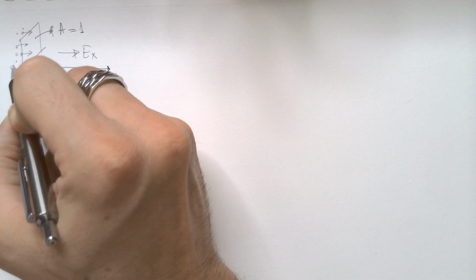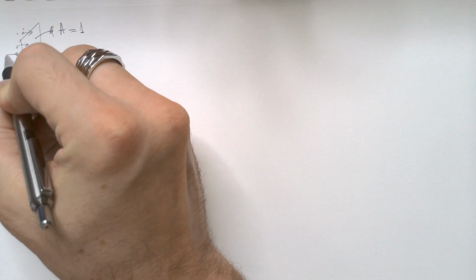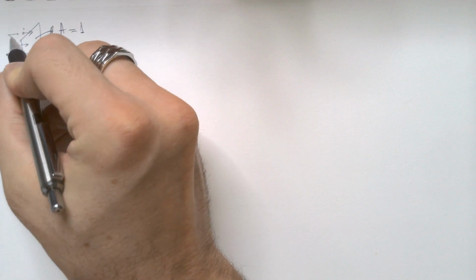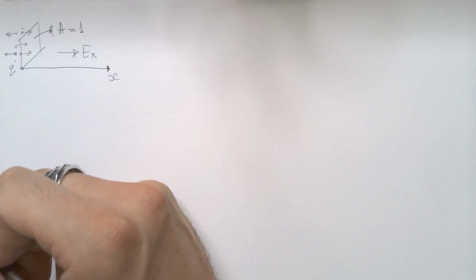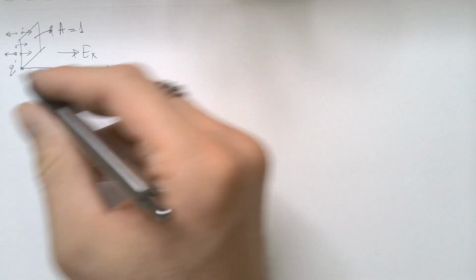If these charges Q are negative, they will move against the electric field Ex. So this is how we can conceptually define electric current.